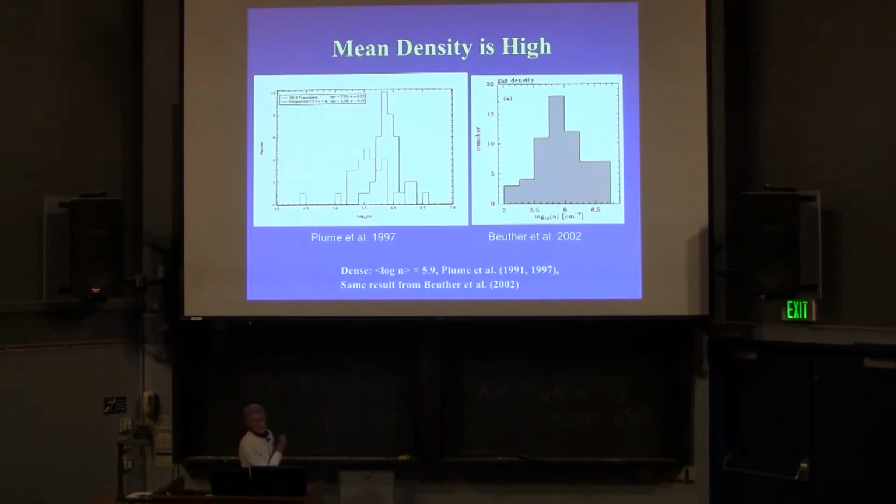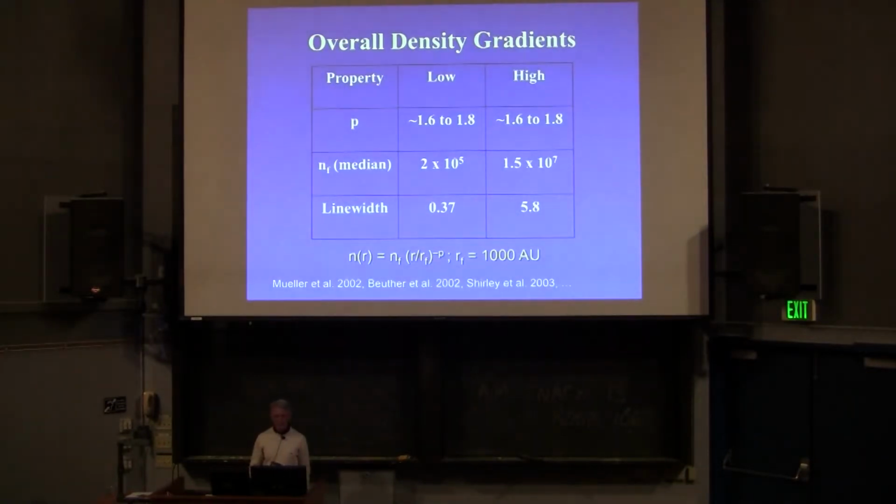So 10^6 particles per cubic centimeter, and pretty similar for the Beuther et al. sample. So these are quite dense on average, and these are the densities of things that we would call clumps, much denser than the clumps in the local clouds, which is probably good if we're trying to make a massive cluster of stars.